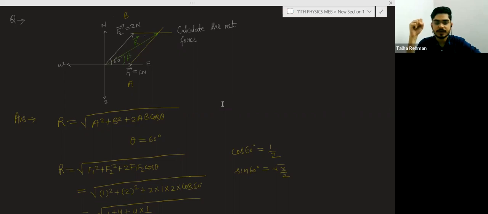In physics we have vector quantities, and if you want to add two vector quantities, then this formula is required.